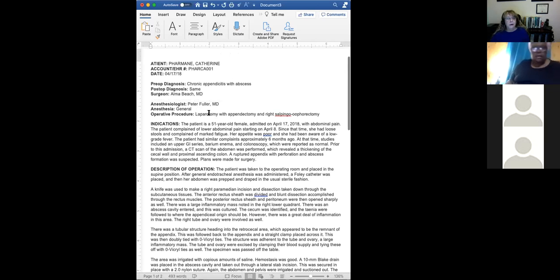Because I read something right up here. On the top where it says operative procedure, it says laparotomy. Yeah. And you took that to mean laparoscopically. Yes. Laparotomy means what? Abdomen, incision. Laparoscopic is abdomen, instrument to view.